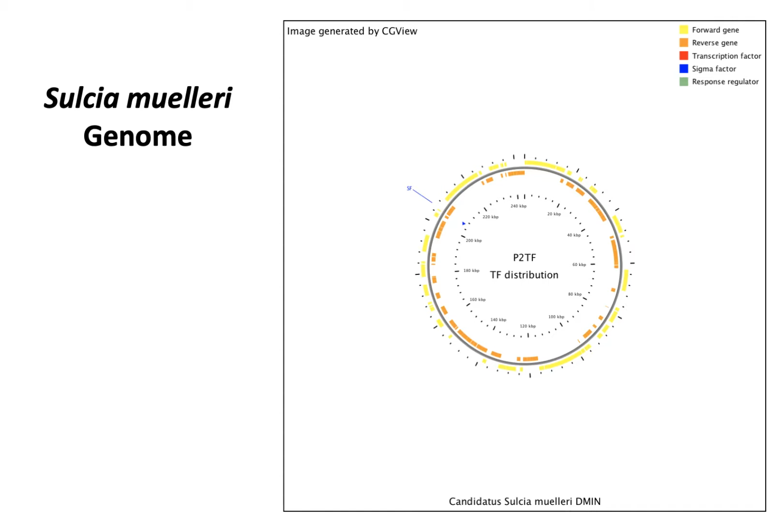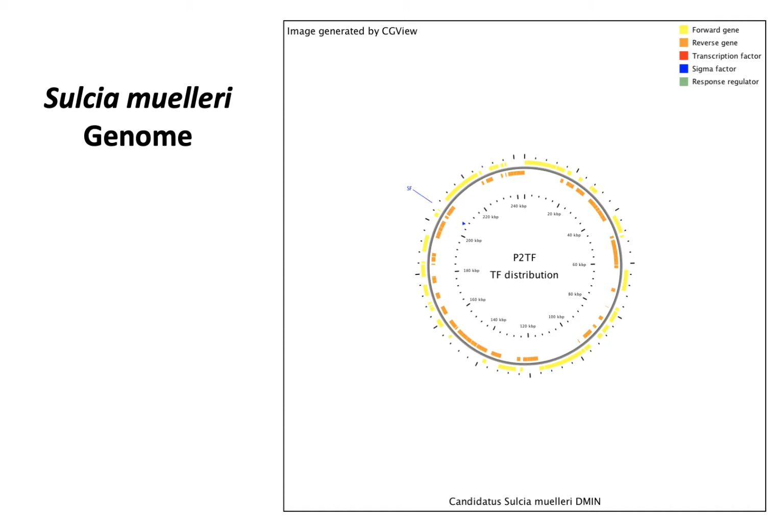It's a very small genome, as I said, and it has a reduced number of transcription factors. In fact, it only has one sigma factor remaining. So pretty much transcription of the genes on this chromosome is constant throughout the life cycle of the cell that it inhabits.